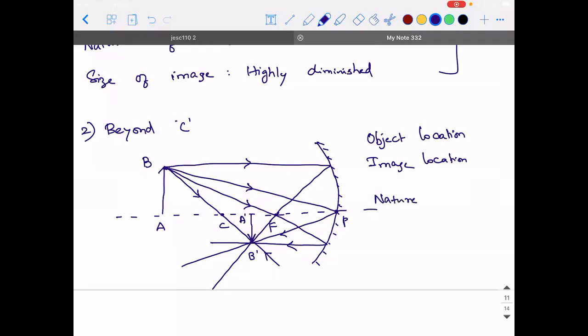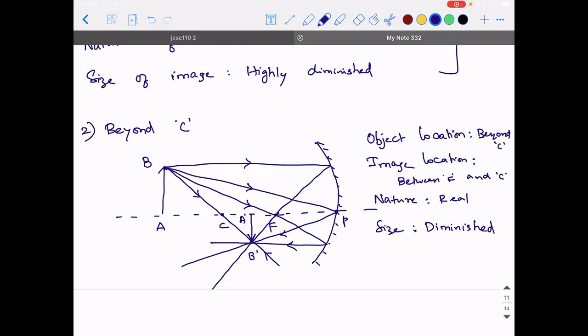Nature and size. If you observe, the object location is beyond C and the image location is between F and C. Nature, real. What about the size? It is diminished. So try to understand, guys.